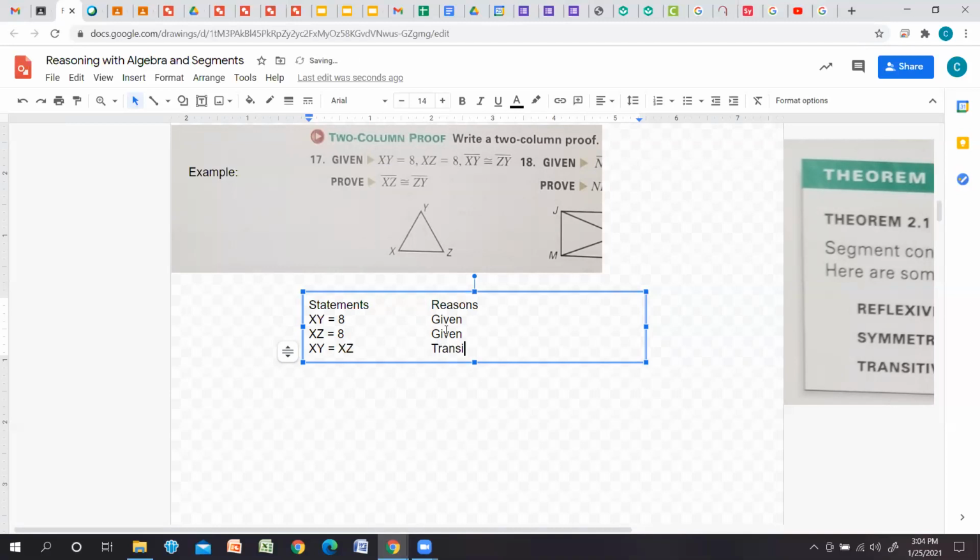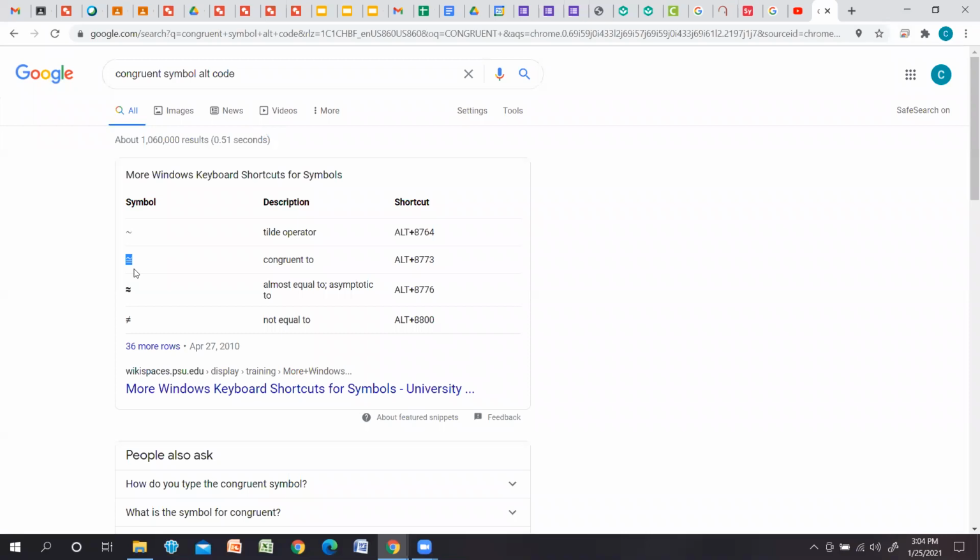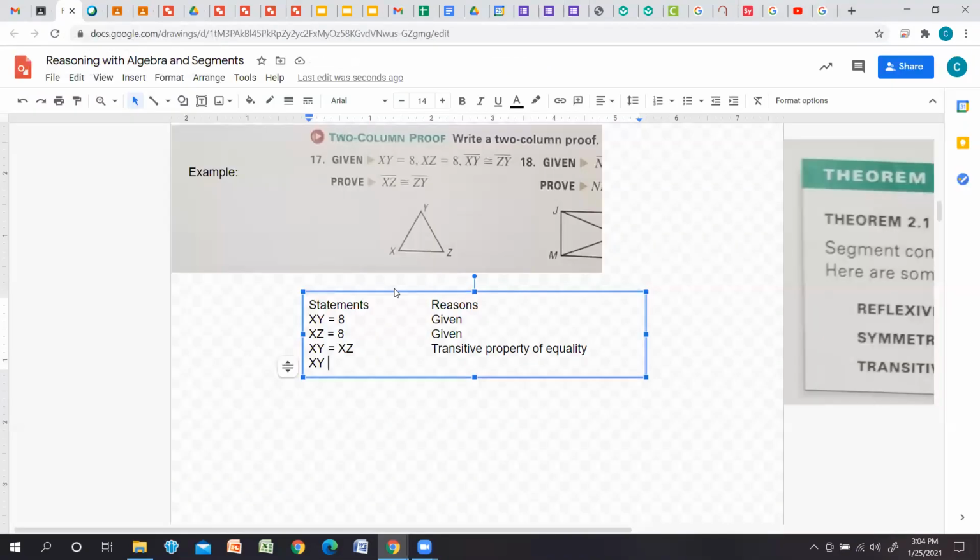Then I'm going to change that to a congruent symbol based on the definition of congruency. I'm going to copy this and put a congruency symbol, and I'm going to make sure it's the same font and everything.